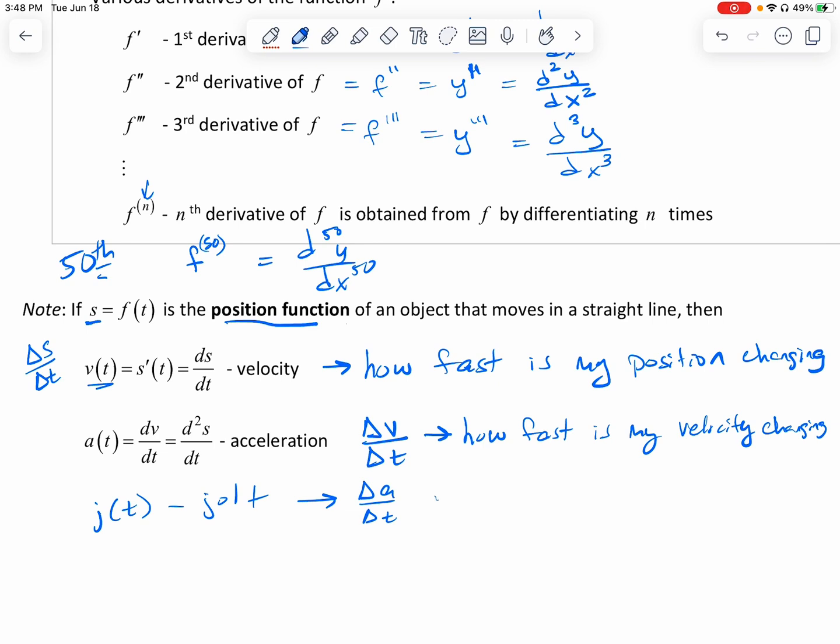So this is our third derivative. How fast are you accelerating or decelerating?